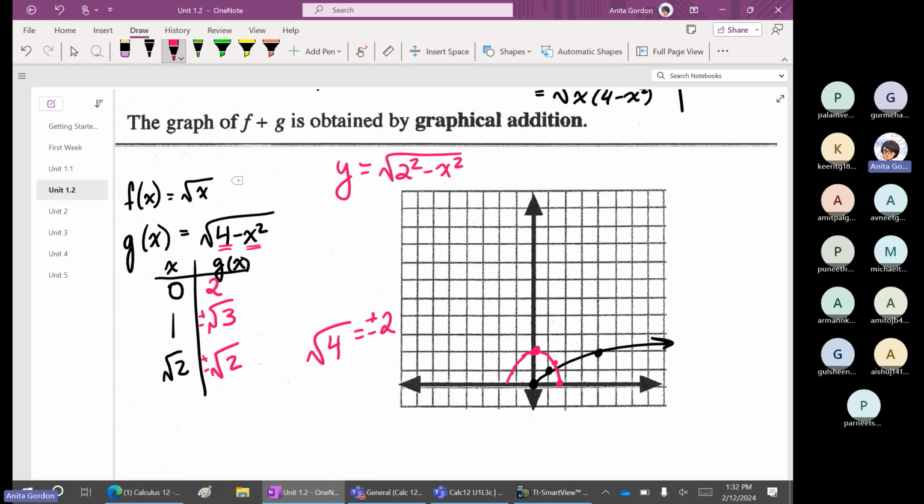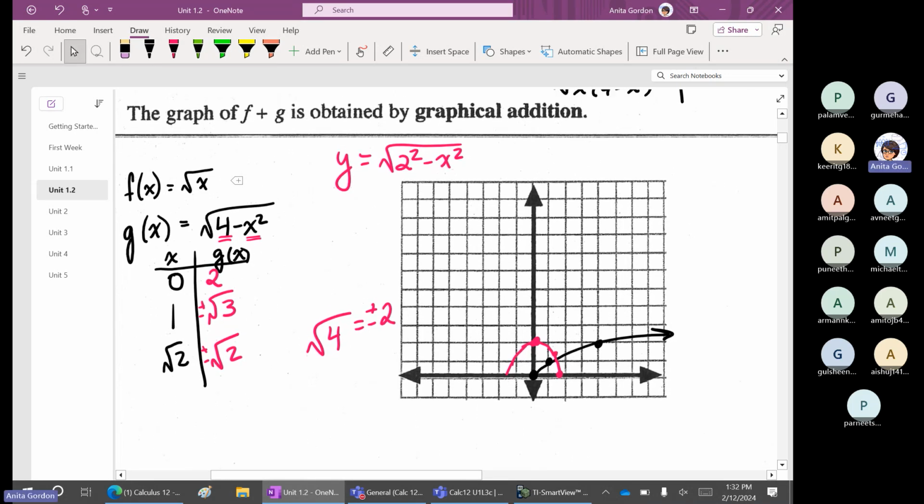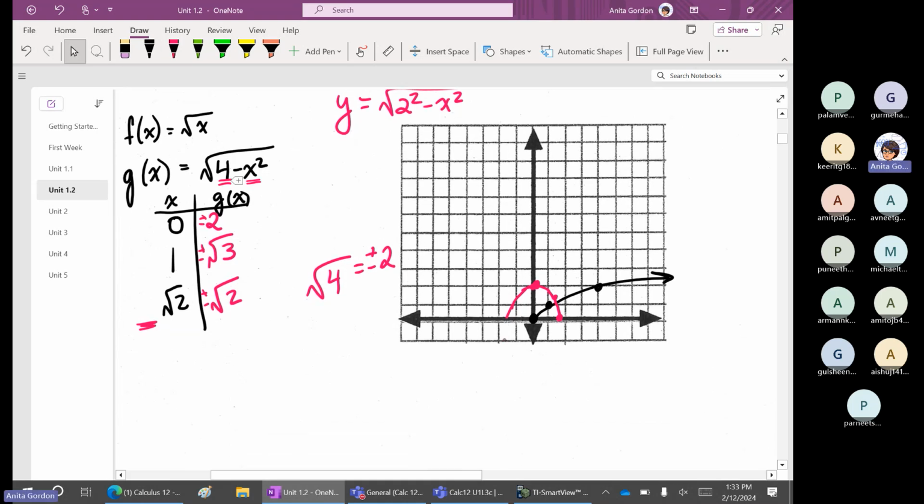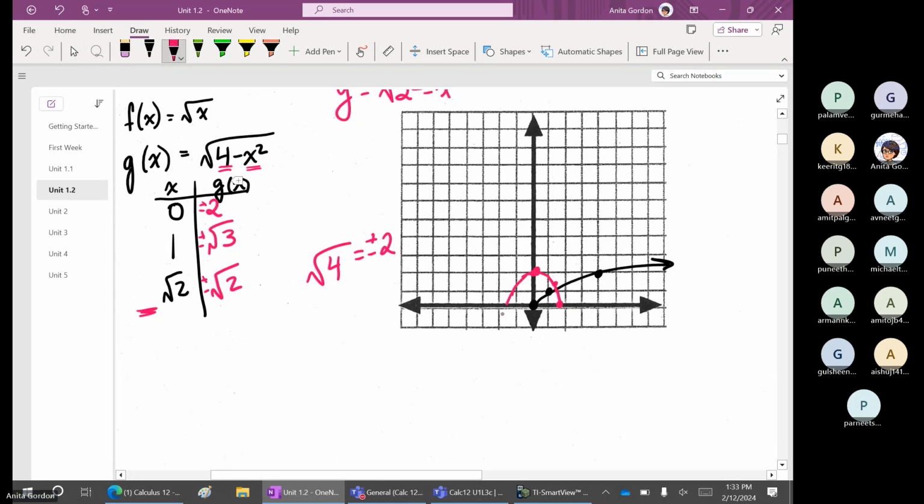When we take the square root of a function, it could be two different things. Should be plus or minus 2 here. Because then we'd have a circle here.